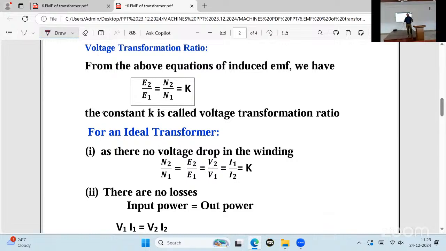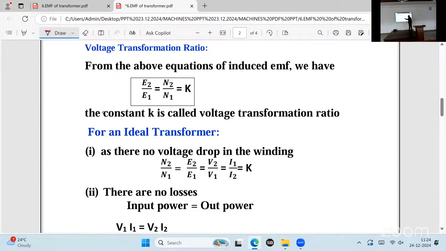It is called a perfect transformer, as there is no voltage drop in the winding. We should have a voltage drop for a transformer; that is called a practical transformer. But this is an ideal transformer, meaning a perfect transformer.